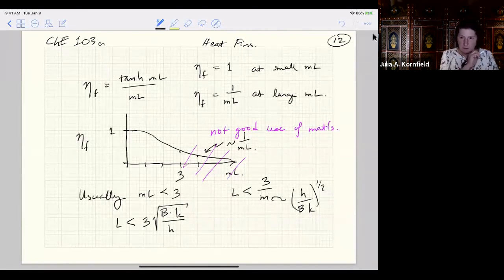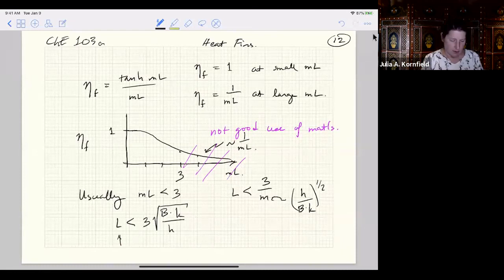So that's the effectiveness, epsilon sub F. And that criterion basically guides us toward a material and maybe dimensions, but it won't tell us how long. So the fin efficiency, so how well utilized is the fin, gives us an idea of how long we should make it, and don't go longer because you won't be getting a good enough bang for your buck.